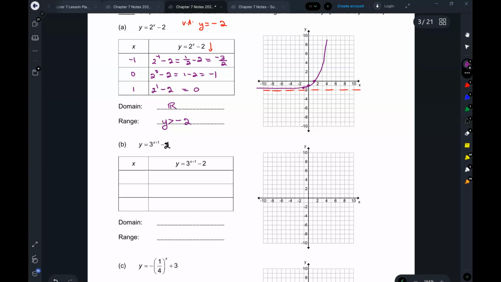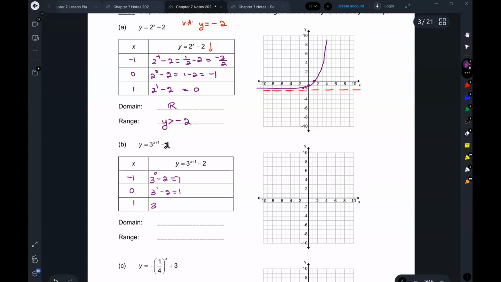All right? Again we're going to do negative 1, 0, 1. The asymptote is again y equals negative 2. So here we're going to have 3 to the power of 0 minus 2, which is negative 1. Then 3 to the 1 minus 2, which is 1.